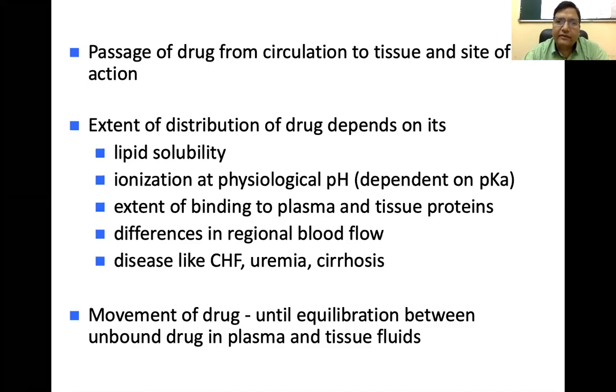That means if the bound drug decreases, then the free drug moves towards the bound. More binding of the remaining drug will occur, and an equilibrium state will be set. I will explain that further when I talk about plasma protein binding.